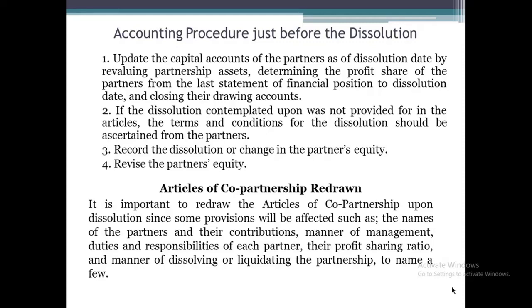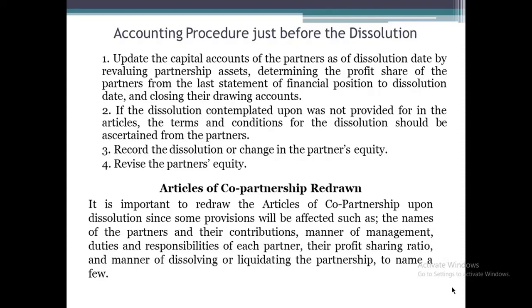So, pag sinabi natin partners equity, di ba, dito natin makikita yung mga contributions ng mga partners, kung magkano yung mga winidraw ng mga partners, ayan, during the operation of the business. So, i-revise, update natin lahat yun, and then revise natin yung partners equity dun sa financial statement natin.